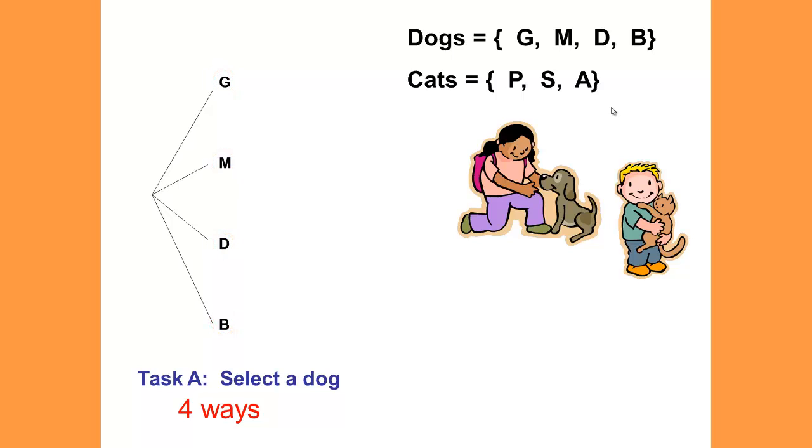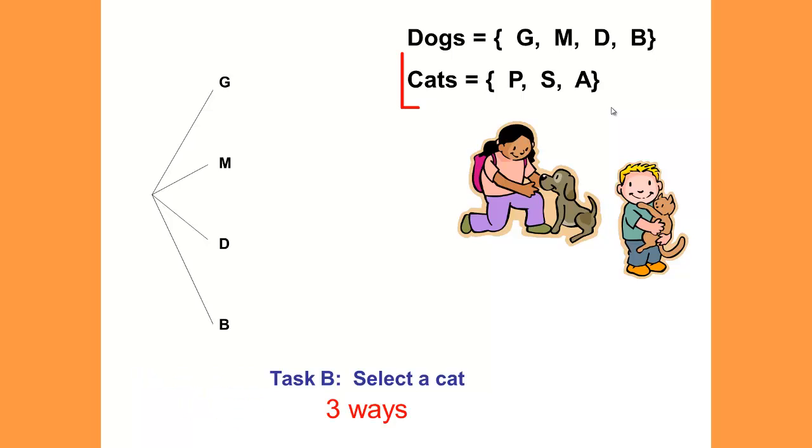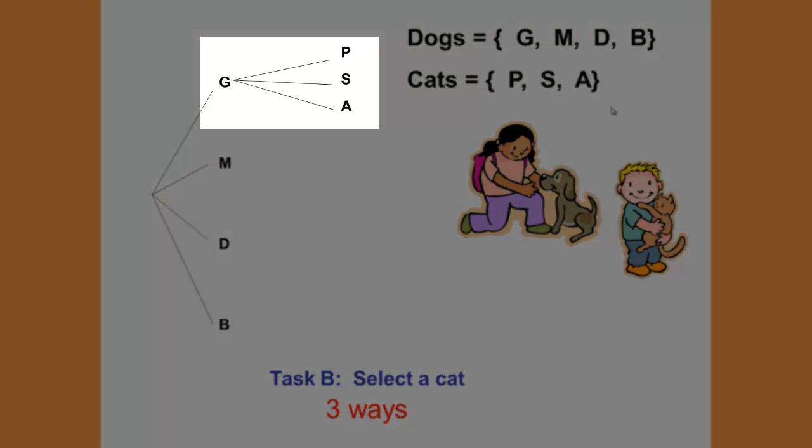For task B, to select a cat, there are 3 ways because there are 3 different cats we can choose. And each of those 3 ways could follow whichever dog we chose for the first task. If we selected the German Shepherd first, we could pick then either the Persian, the Siamese, or the alley cat.